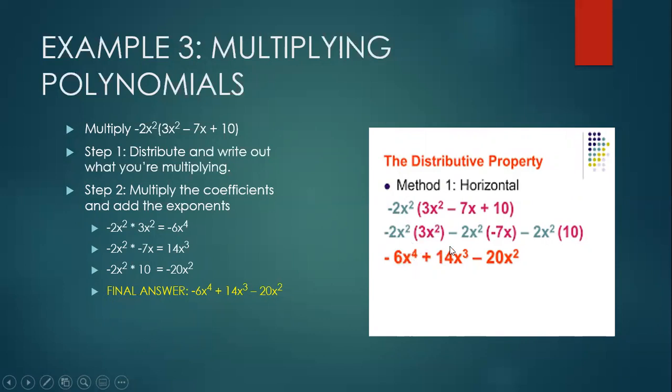X to the 4. I have a negative 2x squared times a negative 7. What's negative 2 times negative 7? Our calculator will tell us. It's plus 14. All right, I have 2 x's here and 1 x there. That's 2 plus 1 gives me 3. And negative 2 times 10 is negative 20, x squared.